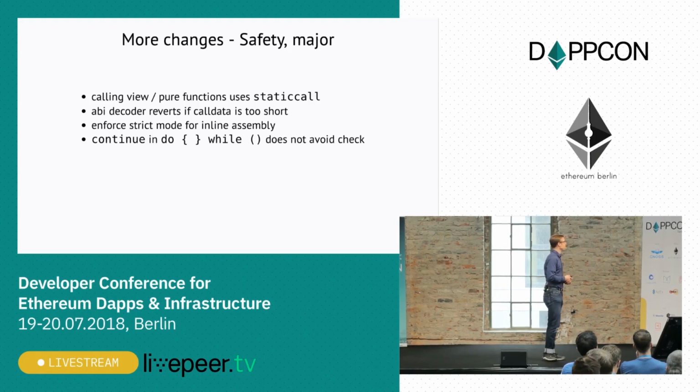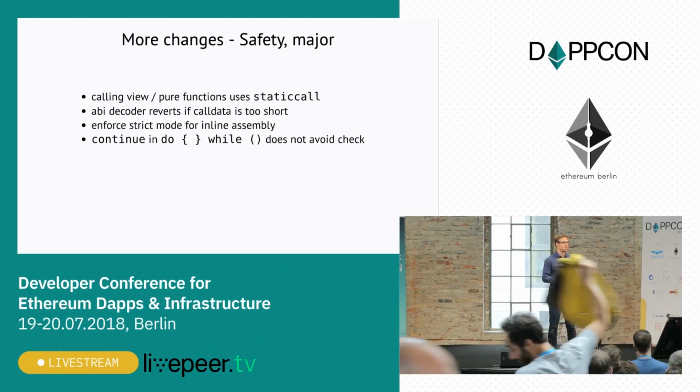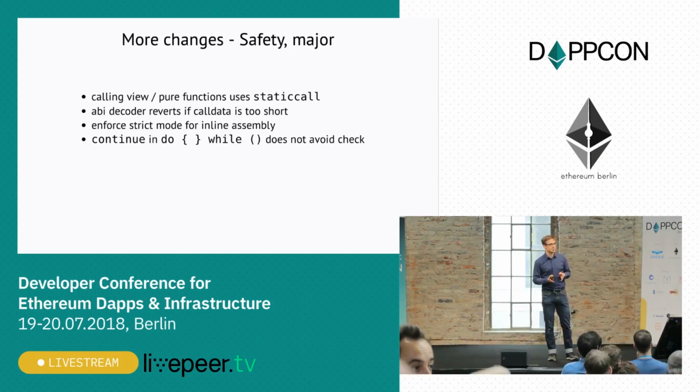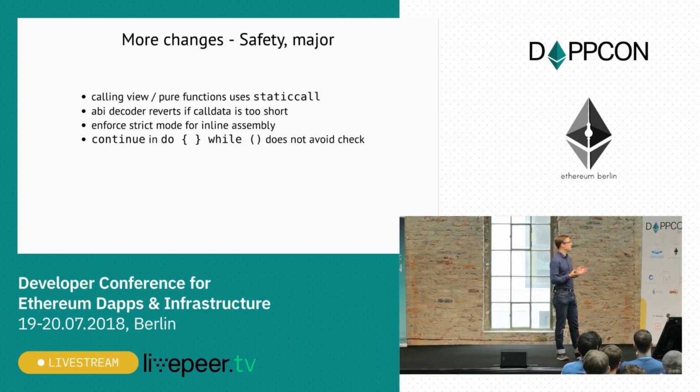Then inline assembly: we will enforce strict mode, which means we do not allow, for example, jumps anymore. So jumps and labels are gone. The reason behind that is that we want to make the transition to EUL as an intermediate language. And EUL does not have jumps because we want to target different backends, and jumps are not always possible there.